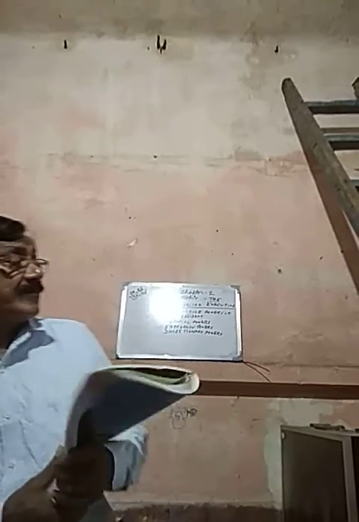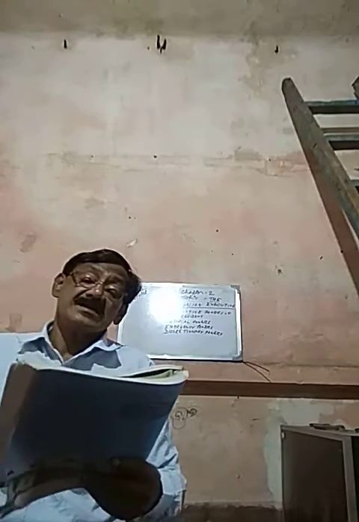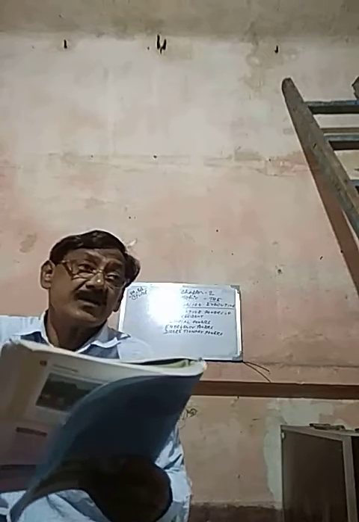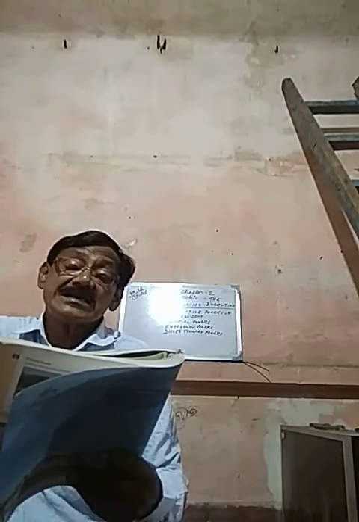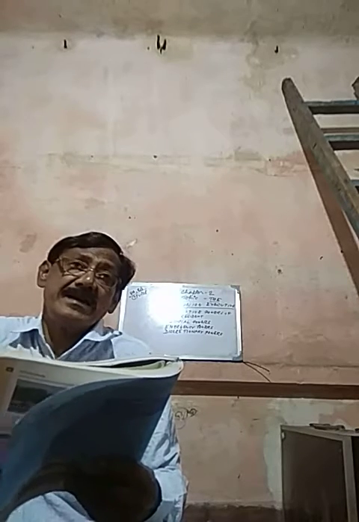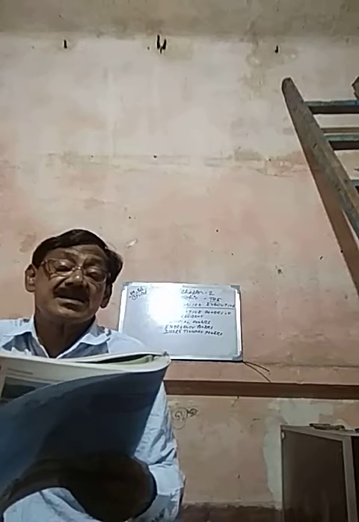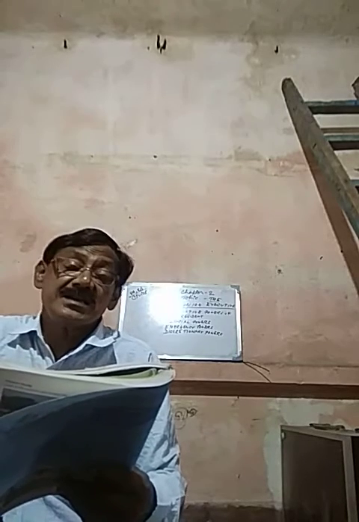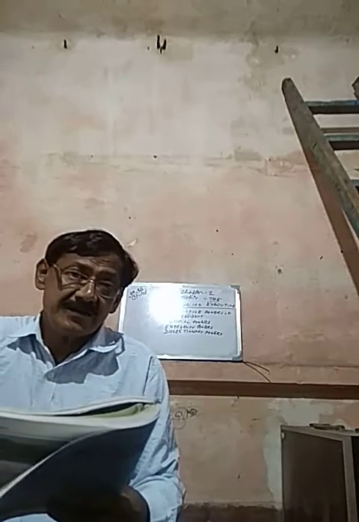And next one, discretionary powers. What are the discretionary powers of the president? The president plays an important role in the parliamentary system of India. When a coalition of parties states its claim to form the government, the president can use his or her discretion and judgment to select a leader to lead the nation as the prime minister and provide national stability.